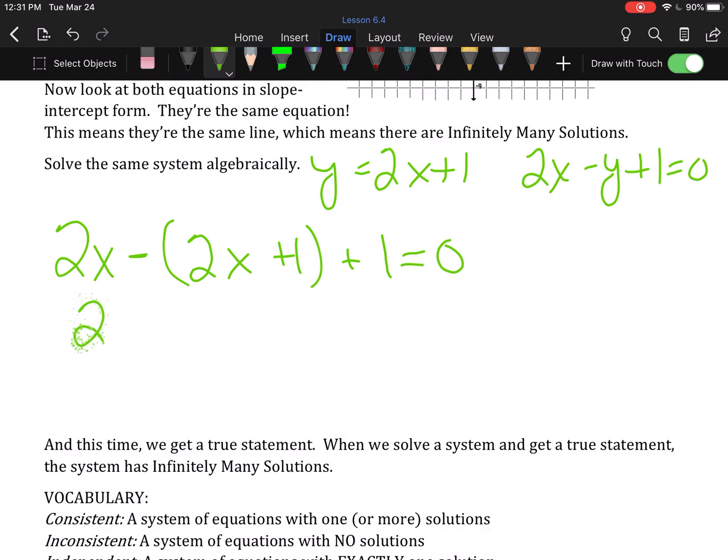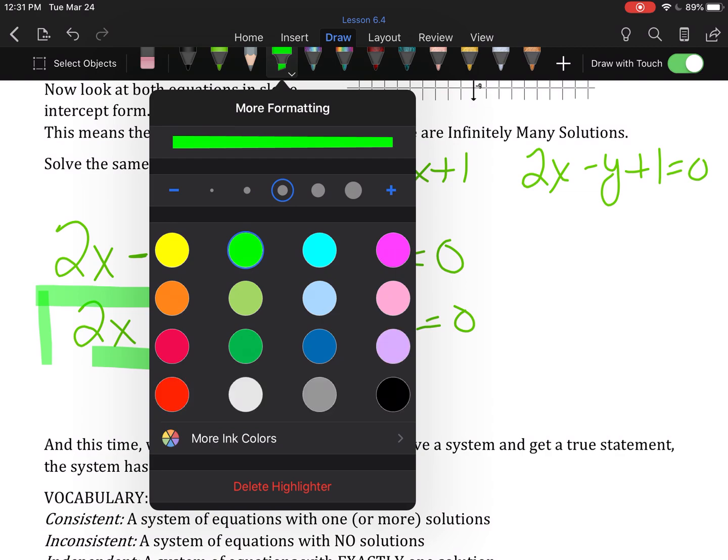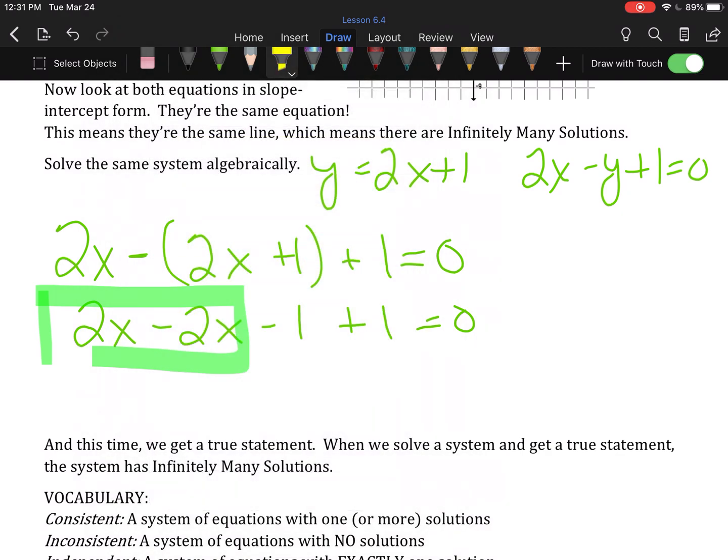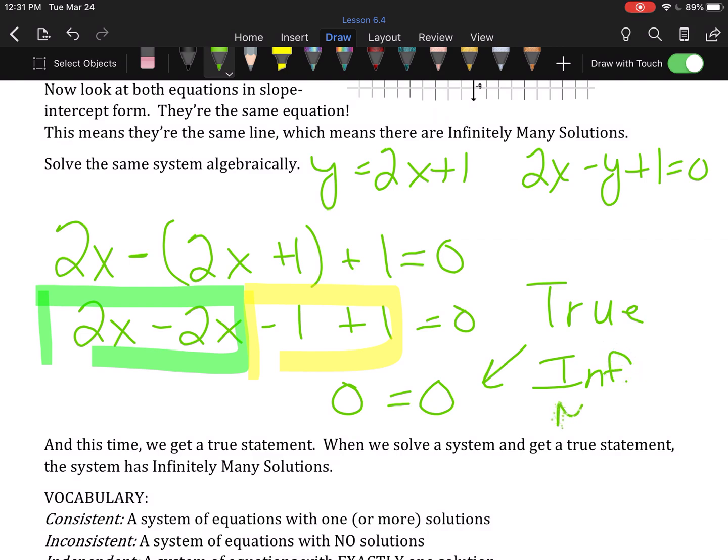Distribute the negative sign, which means if it was positive, they become negative. Combine your like terms. Here's a pair that cancels out, and there's a pair that cancels out. We get 0 equals 0. That is, of course, true. And true means there are infinitely many solutions.